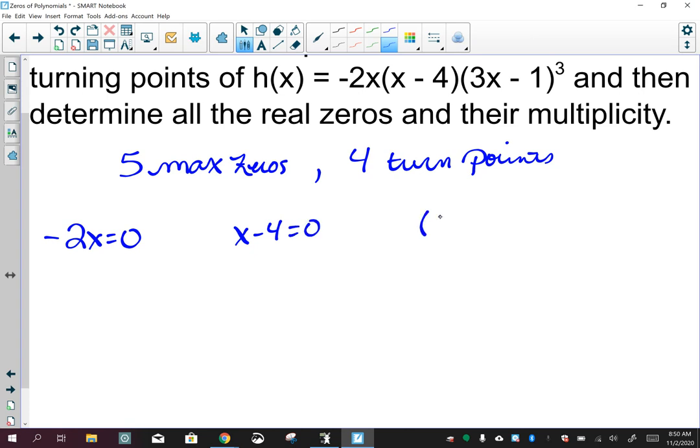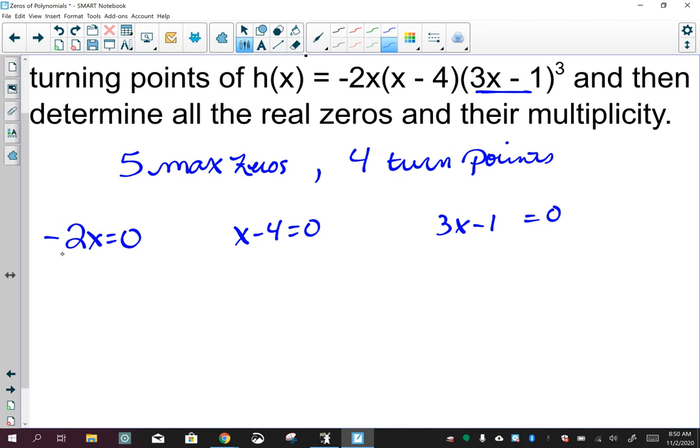And then I've got 3x minus 1 cubed, and that's also going to be equal to 0. Now, what's nice about this cubed piece here, we actually don't have to write this because we're setting this equal to 0. And if that's the case, all we have to do is just do the inside piece, whatever's here.